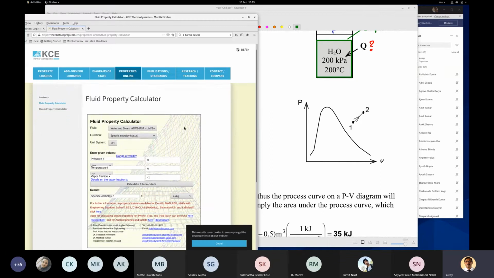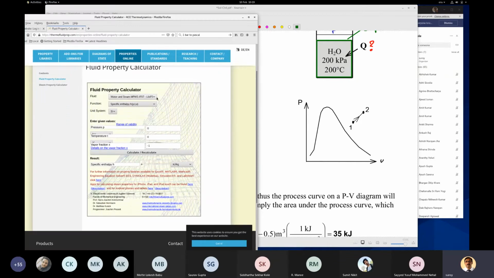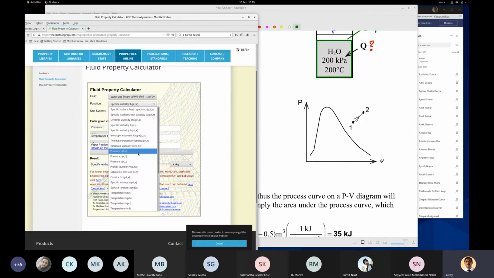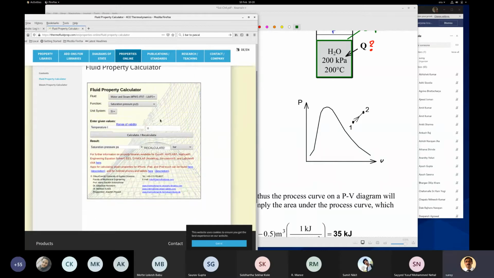So this is the water and steam table. Let us see the saturation pressure at different temperatures.